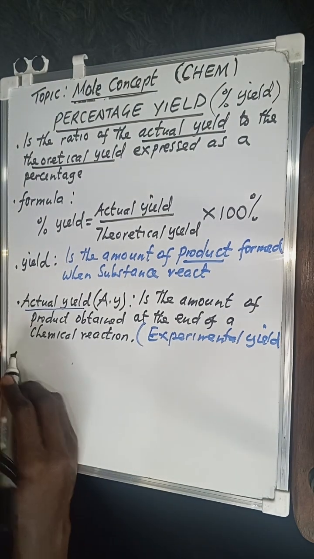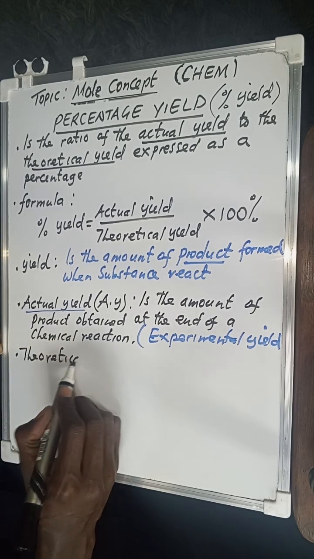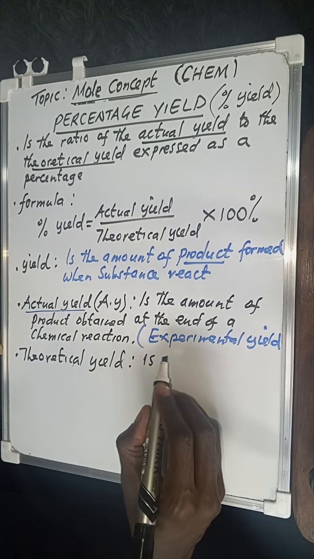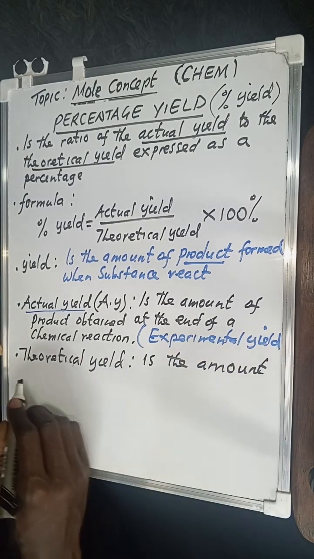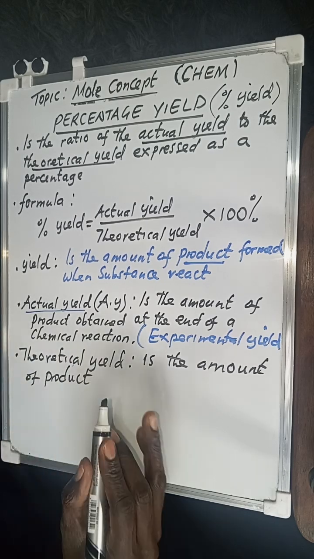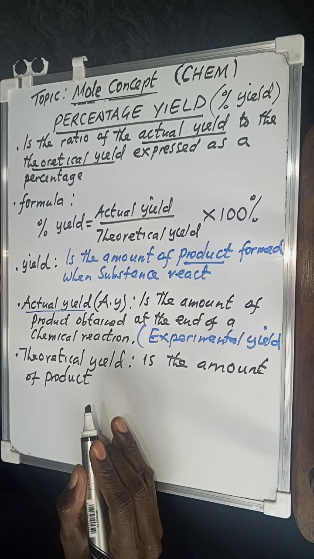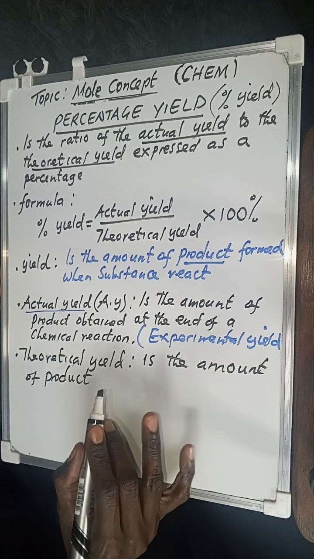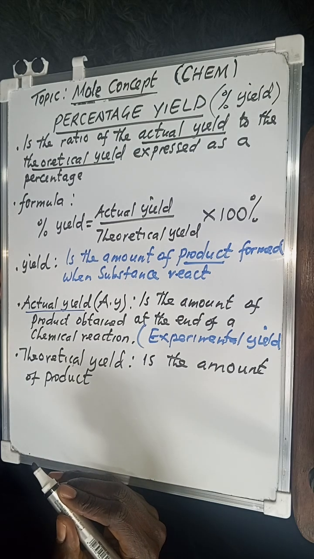On the other hand, we can talk about the theoretical yield. Like I said, the theoretical yield is the amount of product that we get from a balanced chemical equation. So when you calculate from a balanced chemical equation, that's what we call the theoretical yield.